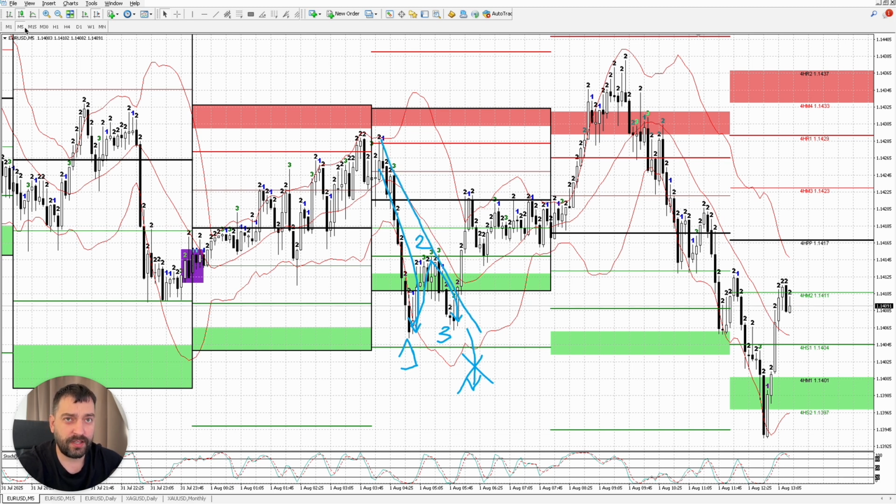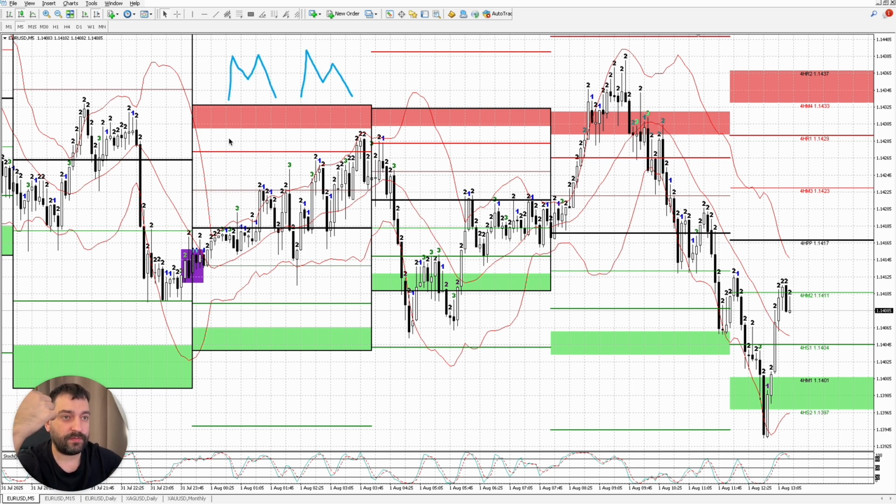I'm on a 5-minute time frame. Maybe you want to switch to a 1-minute time frame and wait for the break through this trend line. It's up to you. I simply wanted to give you that tip that these kinds of reversal patterns, M pattern, double top, W pattern, and so on, maybe some head and shoulders.